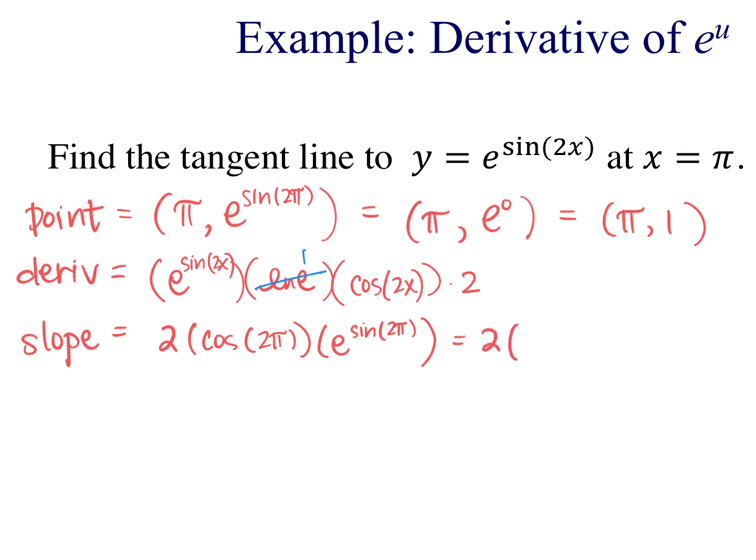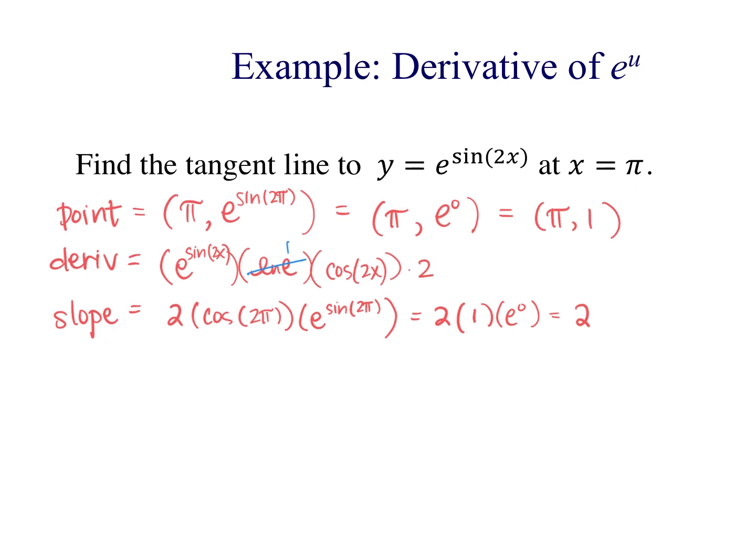So 2 times. What is the cosine of 2 pi? Positive 1. Okay, it's all the way through one full cycle, one full revolution all the way around. And then we'll have e to the 0, which is also 1. So the slope is 2.